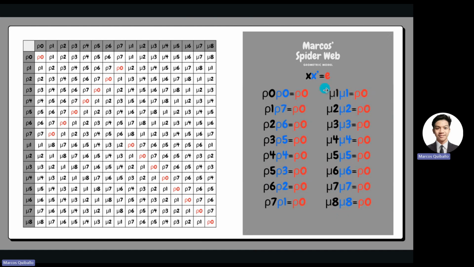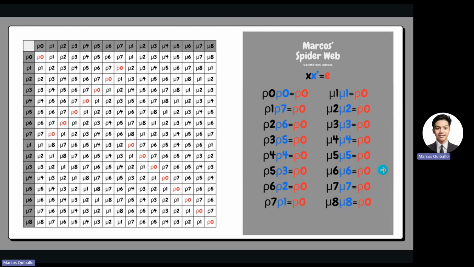As what you can see here in our lines of symmetry, which are the mu movements, the inverse of each element is itself, meaning to say the inverse element of each element is themselves. So as what you can see here, all the elements have their own inverse element.